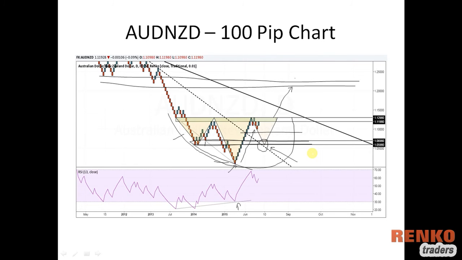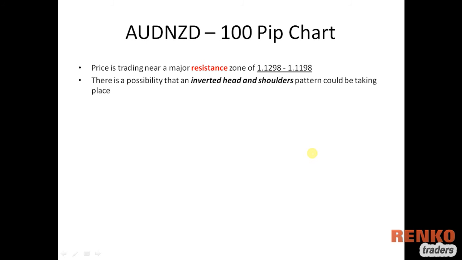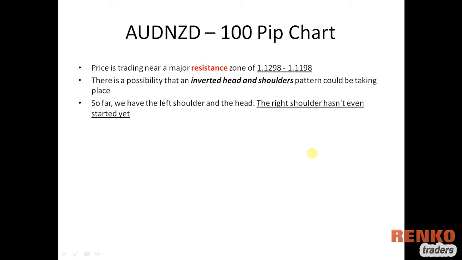So summarizing this, we have the current resistance levels of 1.1298 and 1.1198 even on the 100 pip chart. There is the possibility that an inverted head and shoulders pattern is being formed. So far we have the left shoulder and the head, and we're waiting for the right shoulder to be formed.